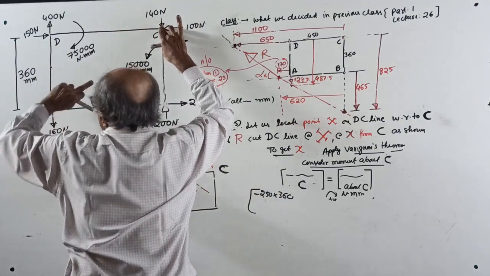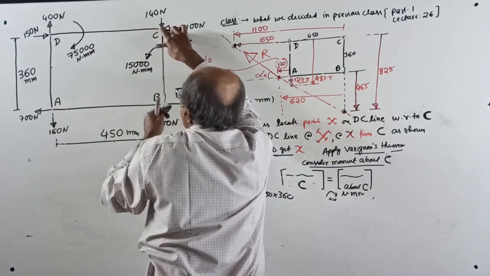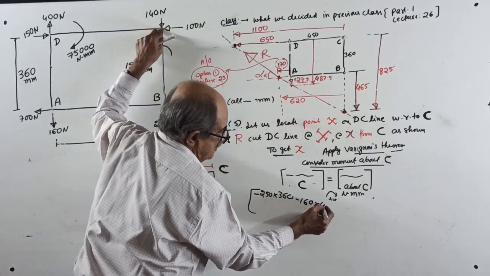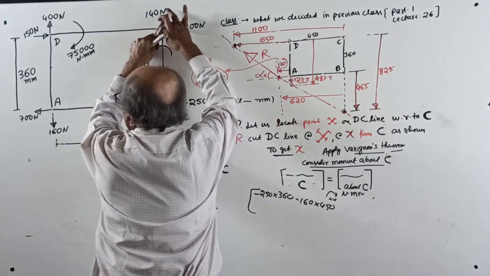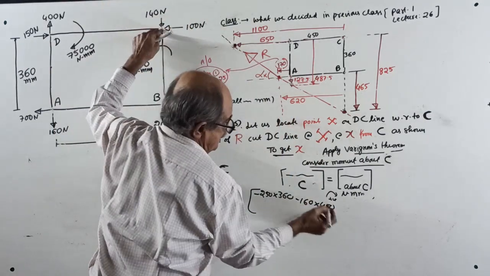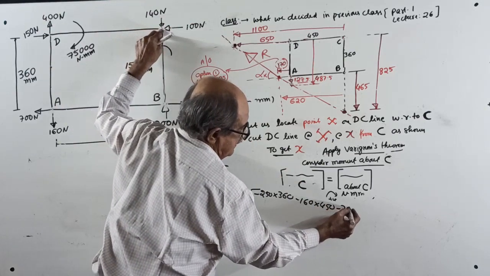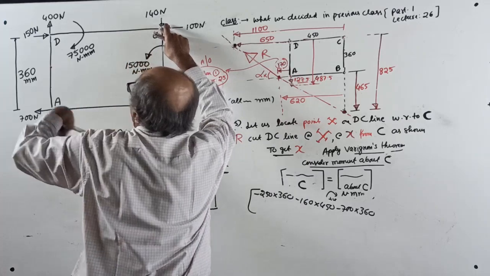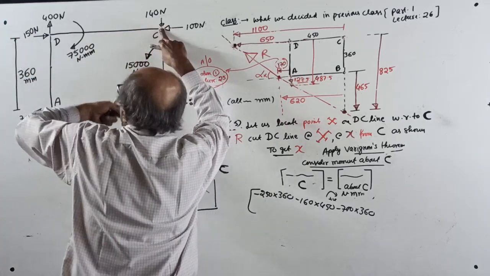Then minus 160 into 450. And minus 700 into 360.